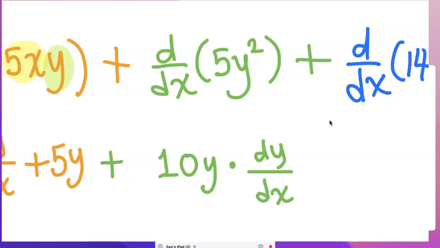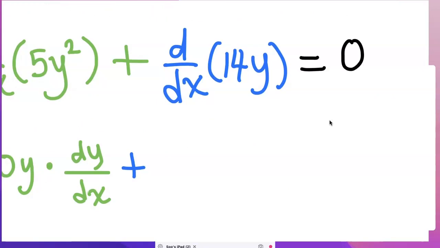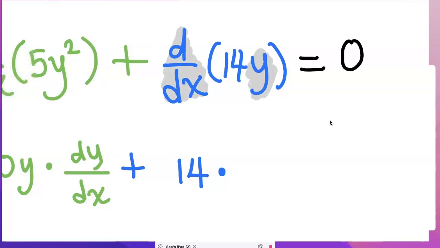Moving on to the very last blue term, plus the derivative of 14y is 14. But I need to multiply this by the derivative of y with respect to x, so we get another dy/dx. Remember, anytime you're doing implicit differentiation and there's a y, you will want to write down dy/dx. And all this equals 0.